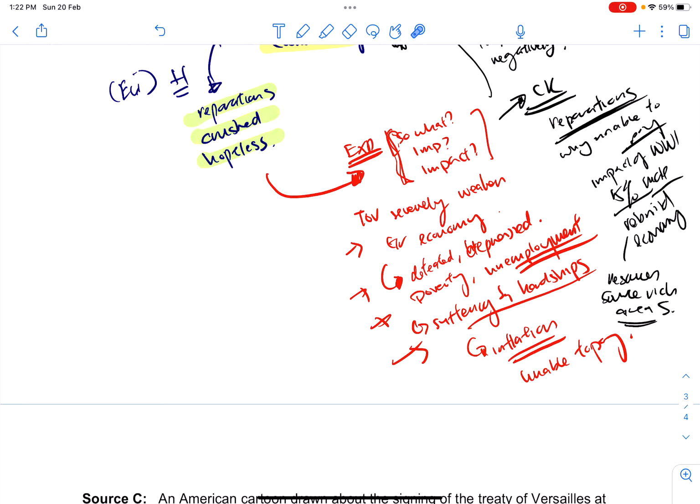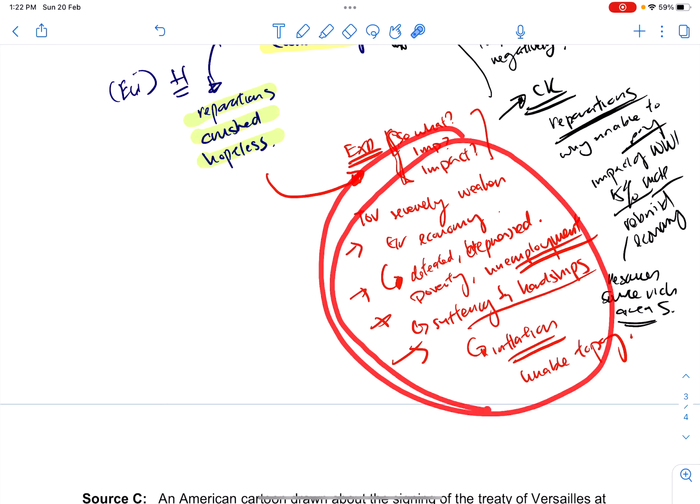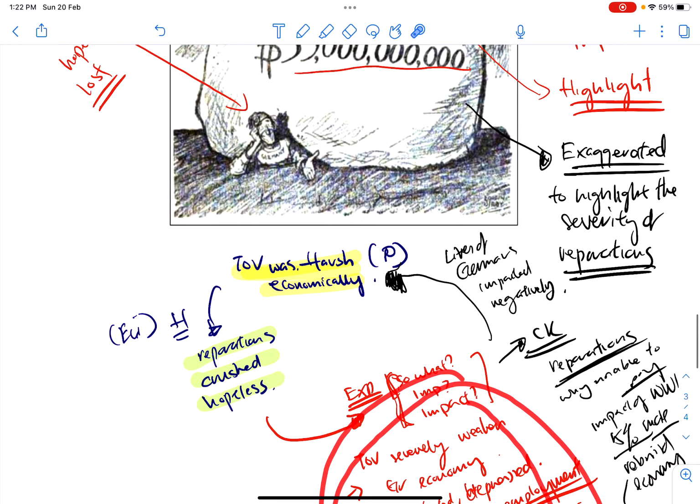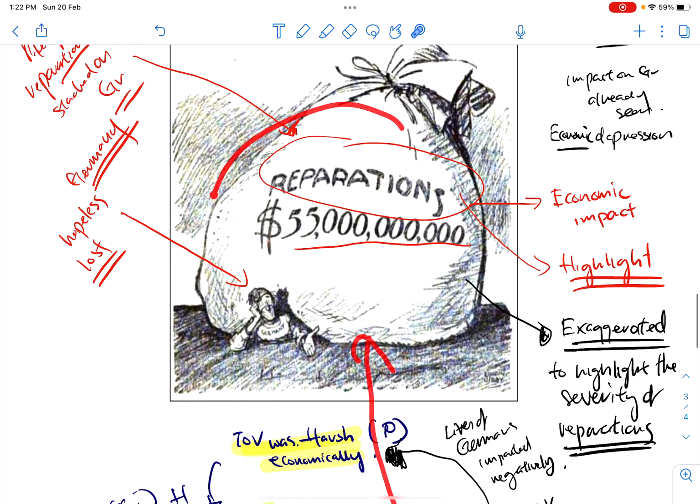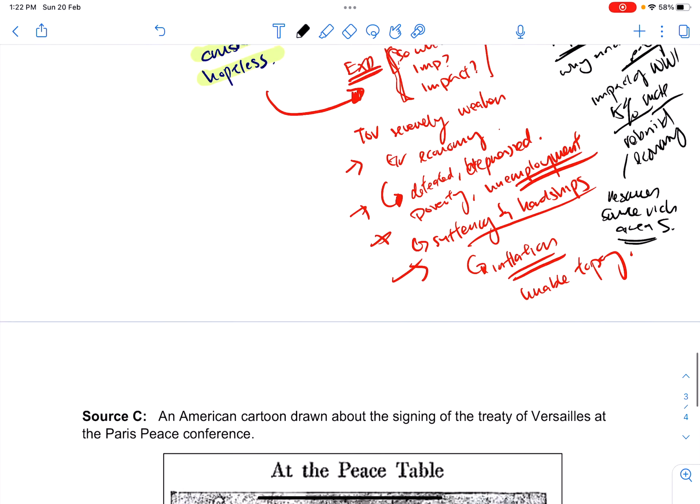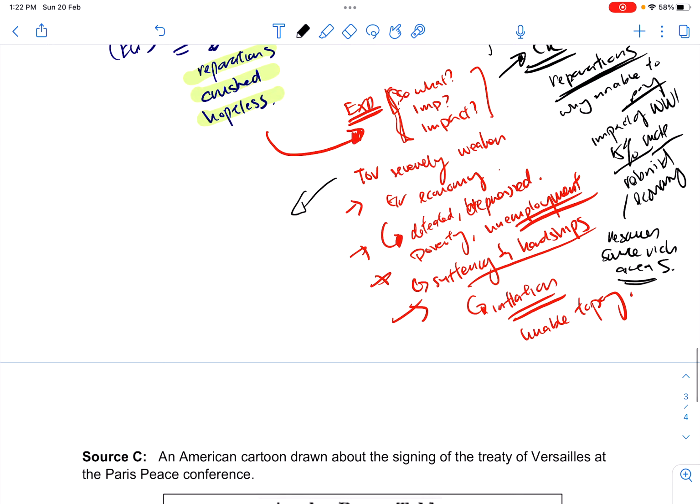When I explain here, I'm not referring to the picture. I'm not saying that this guy is going to break his back and suffer greatly. I'm moving away from the picture. I'm explaining the symbolism, the use of exaggeration. So what you must do here is explain the symbolism.